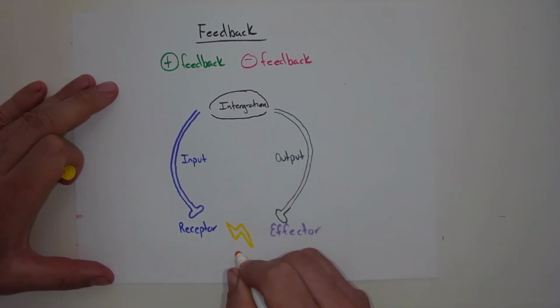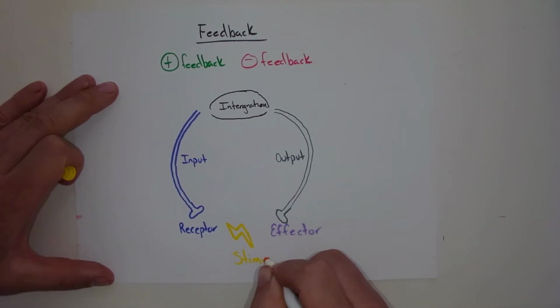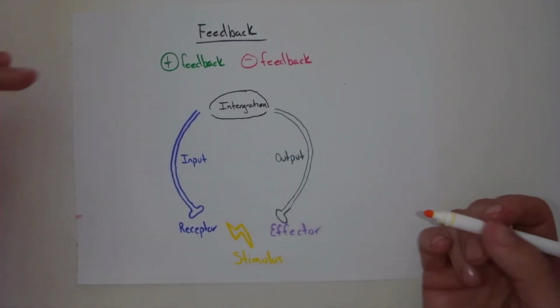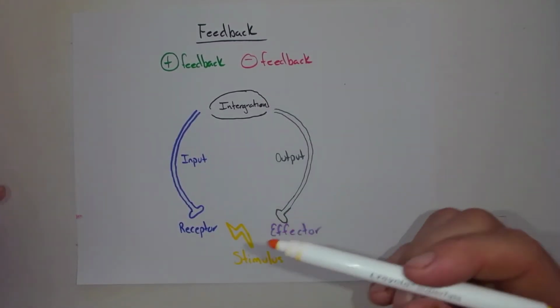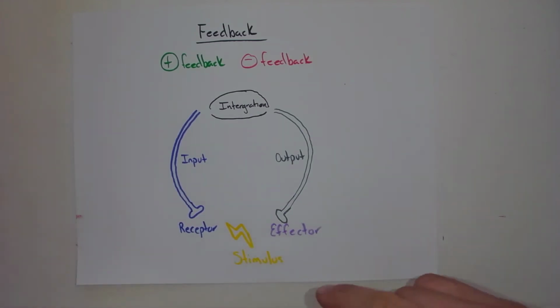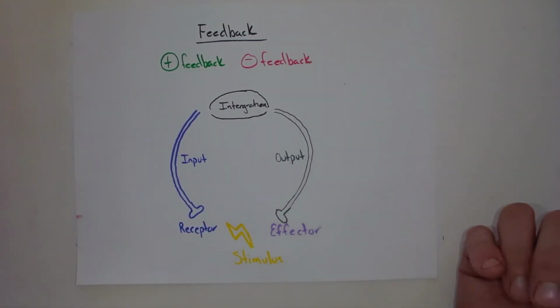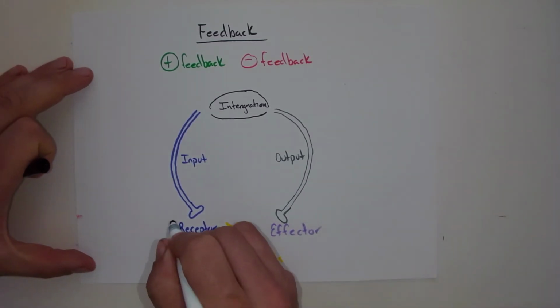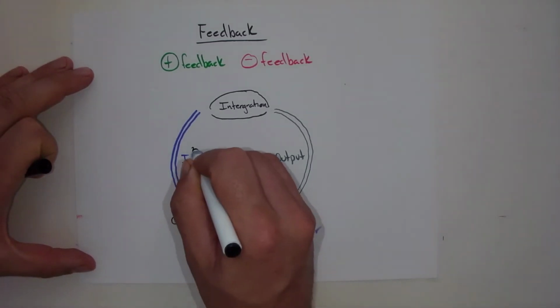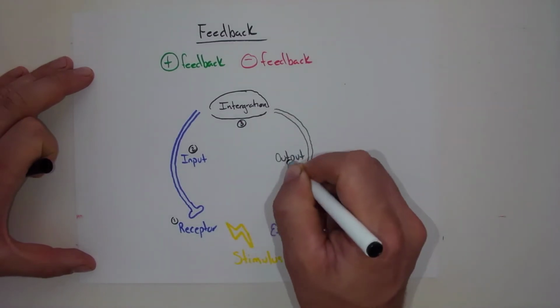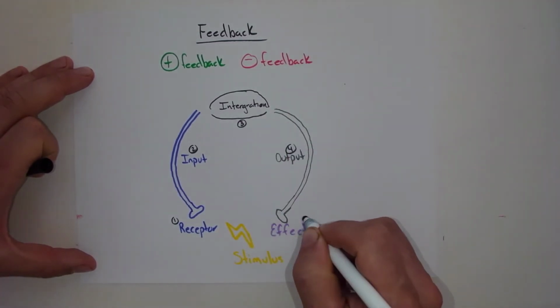So here's my stimulus coming in. This could be a reflex arc. This could be the nervous system working. It could be the endocrine system working. It involves a feedback loop. And this is the 5 components of our feedback loop. 1, 2, 3, 4, 5.